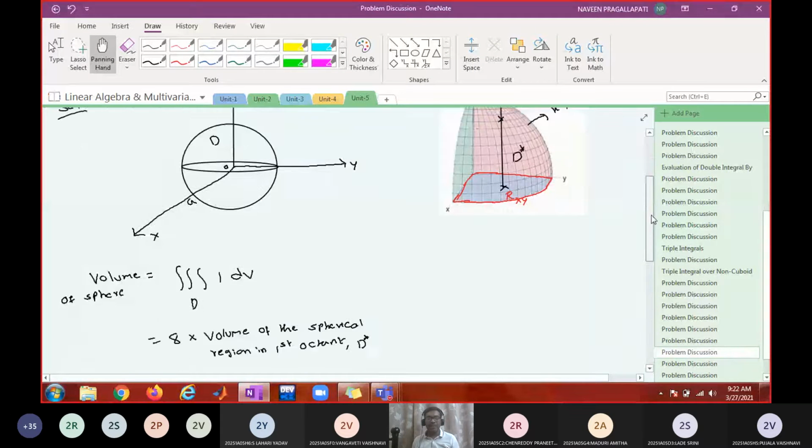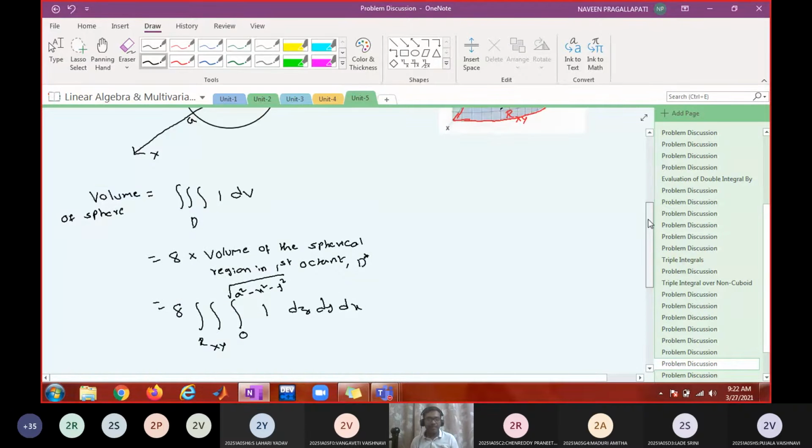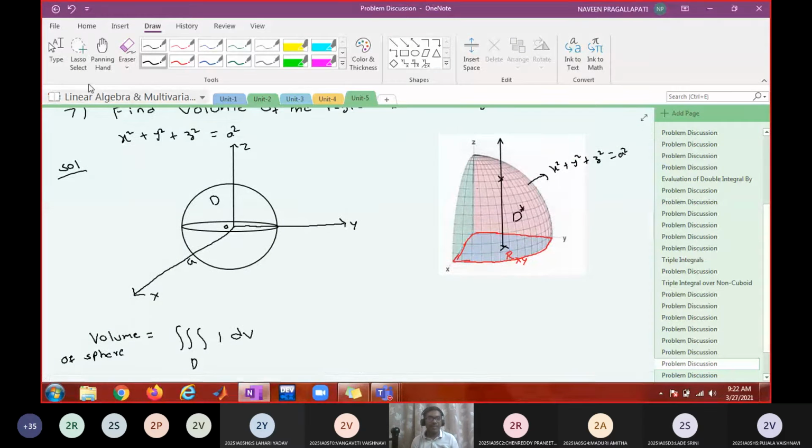Therefore, you have to take the positive square root. So z is under root of a square minus x square minus y square. The remaining limits to be taken on the projection I will do later. Is this point clear to all of you? For z limits, I have taken a line parallel to z axis.